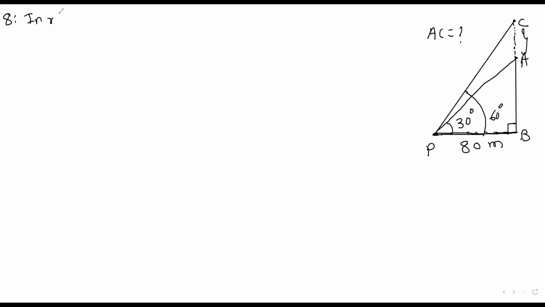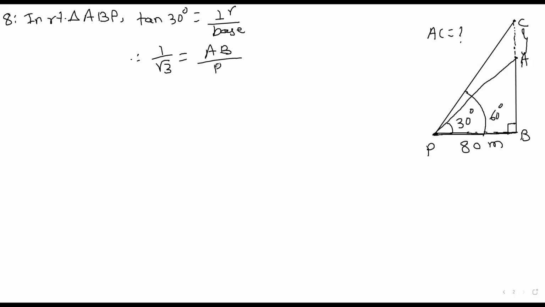So in right triangle ABP, yes, you are going to use tan. So you can say tan 30 is equal to perpendicular upon base. Tan 30 is 1 upon root 3 is equal to AB upon BP, right?